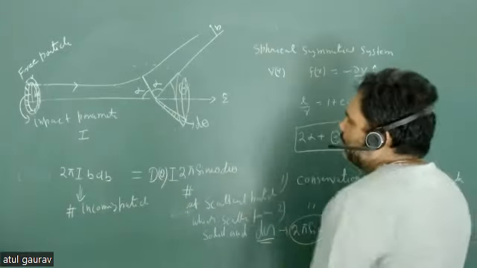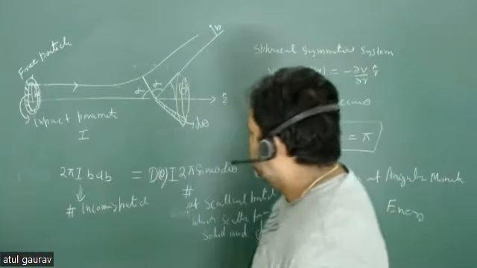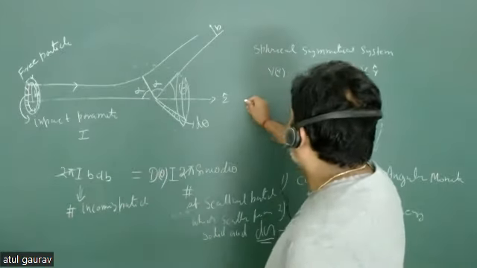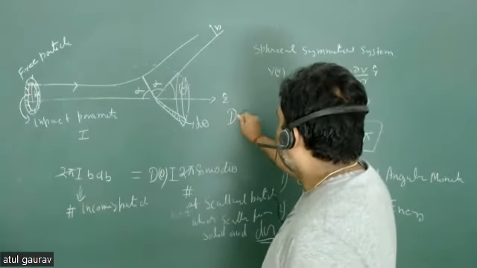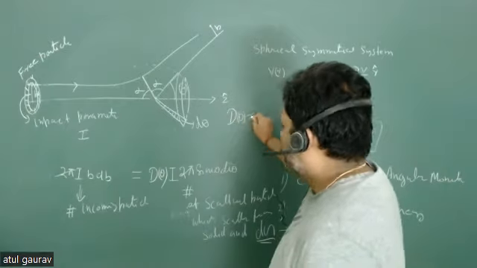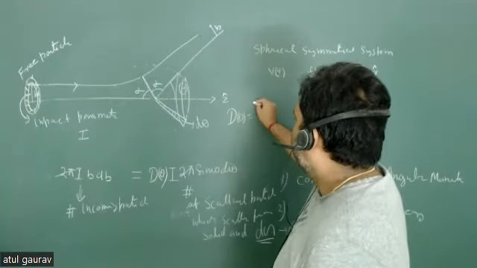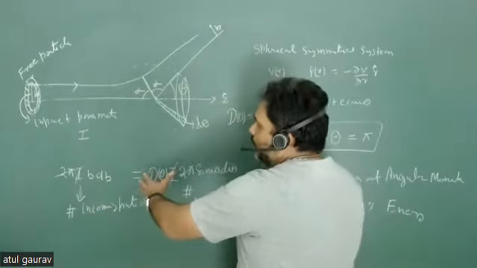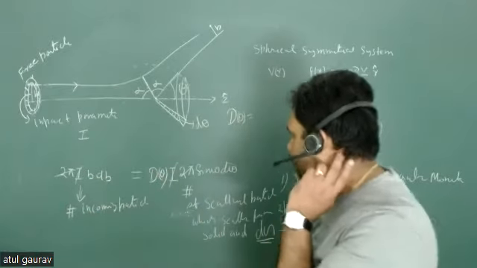So from here, what can you do? You can easily calculate the value of d sigma. यहां से मिल जाएगा value of d sigma. I and I will also cancel. So the number of incoming particles is actually the number of scattered particles.